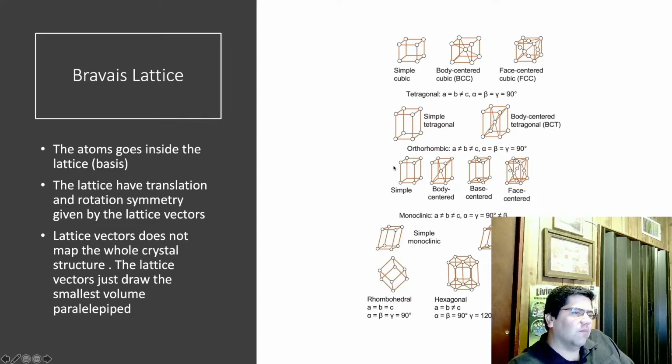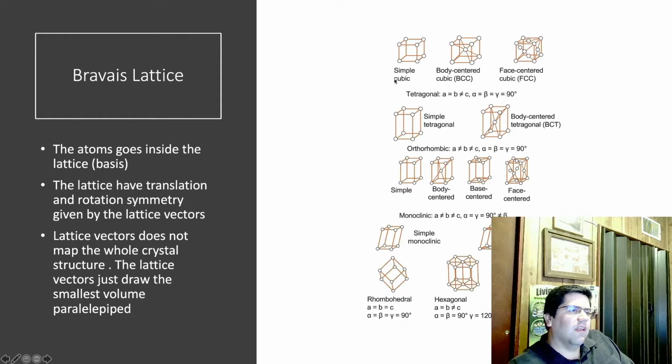If you have a simple orthorhombic, you already have the body-centered and the face-centered orthorhombic. So in reality, let's count: 1, 2, 3, 4, 5, 6, 7. You actually have 7 crystal systems.